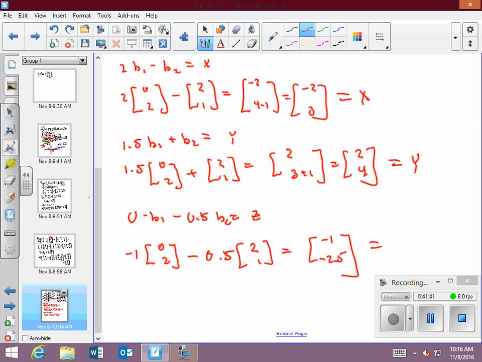Okay. So it's just approaching it backwards. It's asking you to put the weights on by visually looking at it and then making sure that it comes out right.